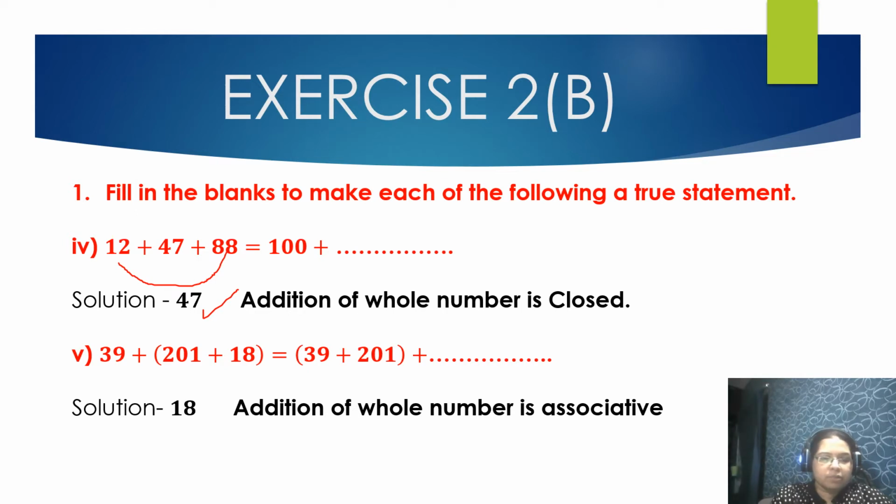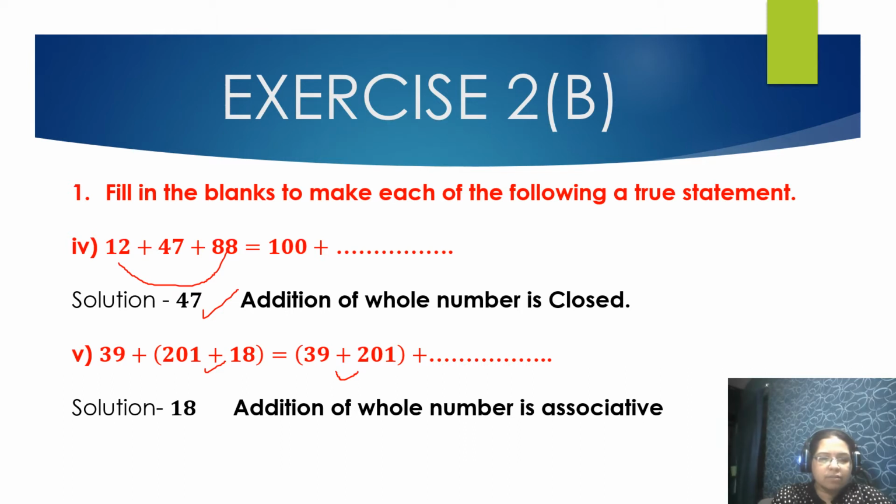Fifth bit, 39 plus 201 plus 18, where 201 plus 18 is inside the bracket, equal to 39 plus 201, where 39 plus 201 is inside the bracket, plus dash. Here 18 is on the left hand side and on the right hand side 18 is missing, so we have to write down 18 on the right hand side.